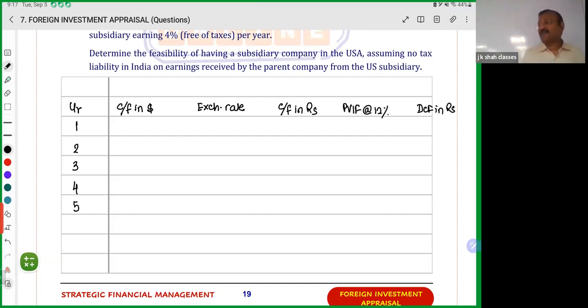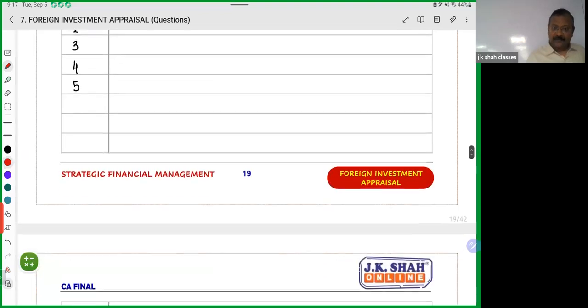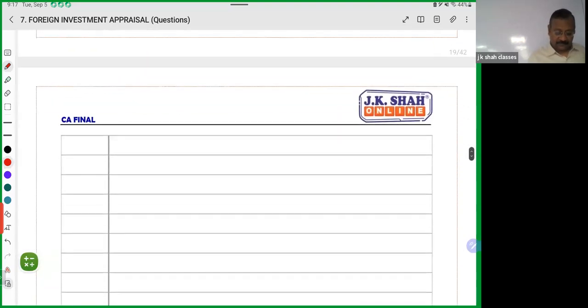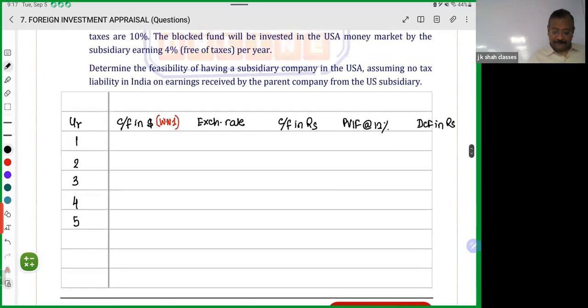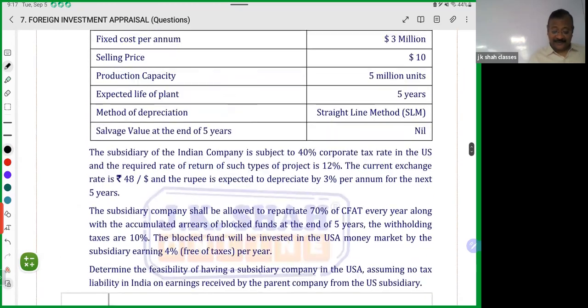Now, how much will be the cash flow? We'll have to calculate, right? So let's do something. Let's put this as working note 1. Working note 1. How to calculate? From sales, right?